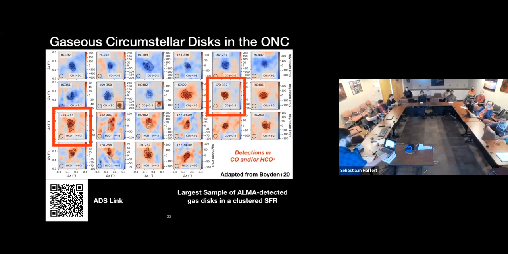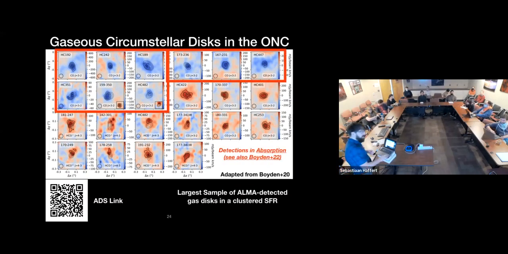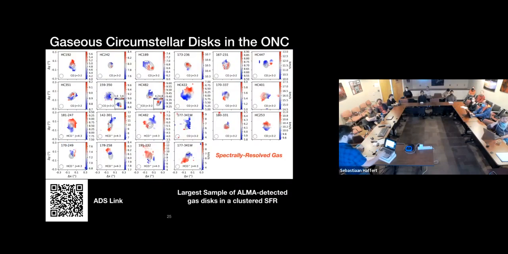And you can see here that we're detecting disks in both CO and in HCO+, and we're also detecting a large subset of protoplanetary disks in CO absorption. And here, when I say absorption, I mean that the detected molecular line emission is negative. And in a few slides from here, I'll be introducing a concept that we can use to actually interpret these negative emission detections. Before I get to that, a couple more details about this ALMA sample.